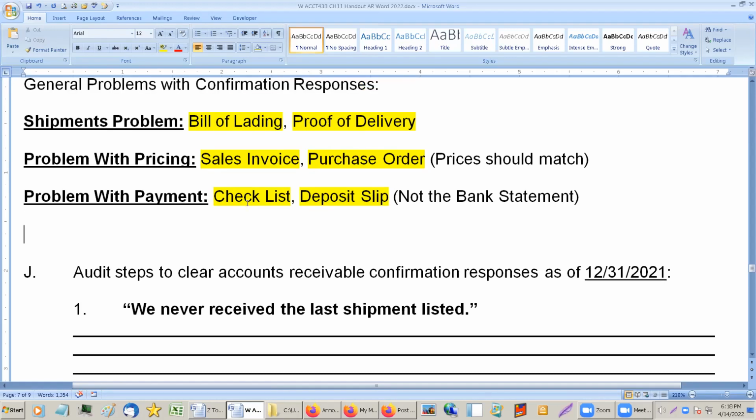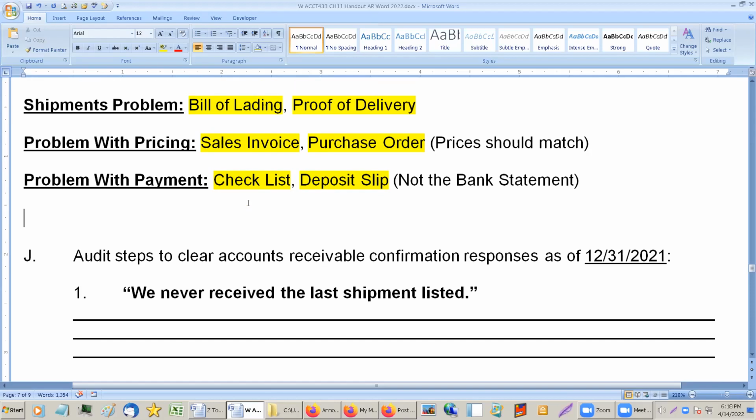Another way that you can clear a lot of accounts is to look for subsequent payments.